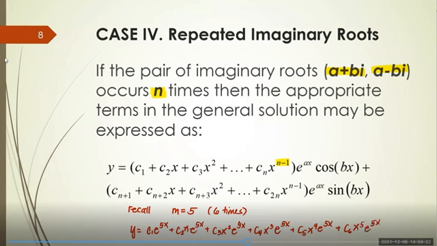So when you notice there are 6 constant coefficients. And then how many x's are there?